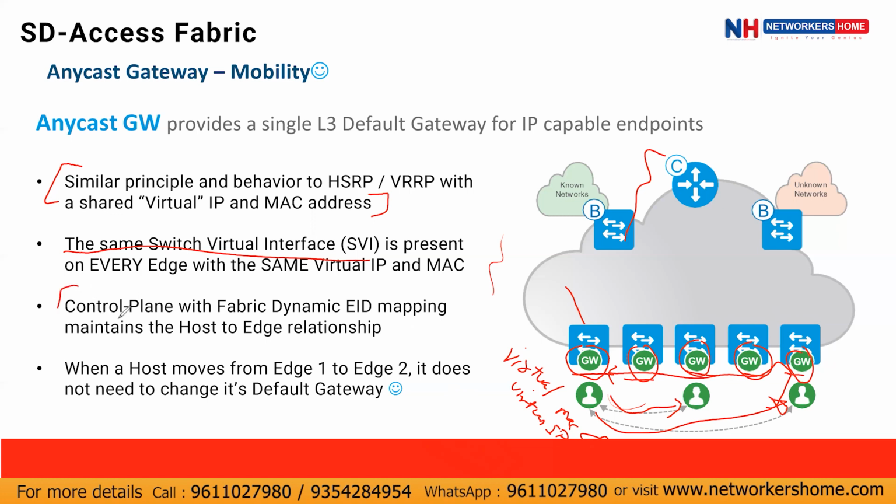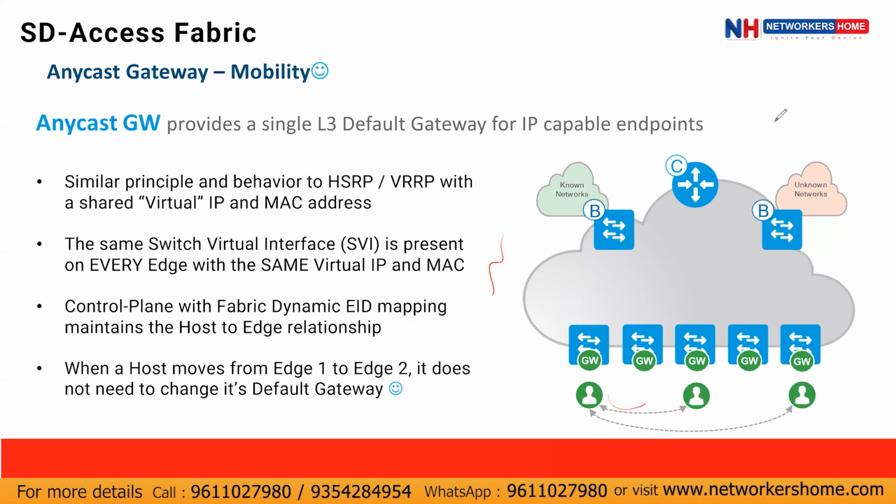And the control plane works with fabric dynamic EID mapping. EID mapping is nothing but the endpoint ID mapping. We saw that this control plane has an endpoint ID mapping with this specific switch IP. Now let me tell you, this mapping, which is there in the control plane, is known as EID to RLOC mapping.